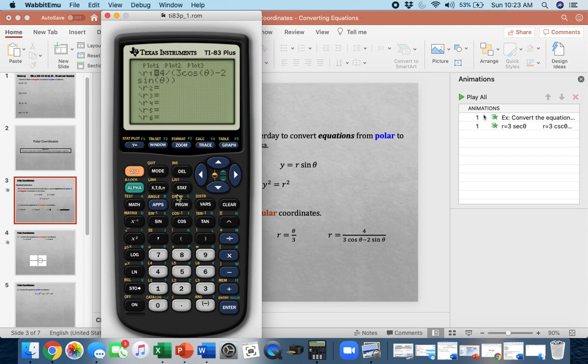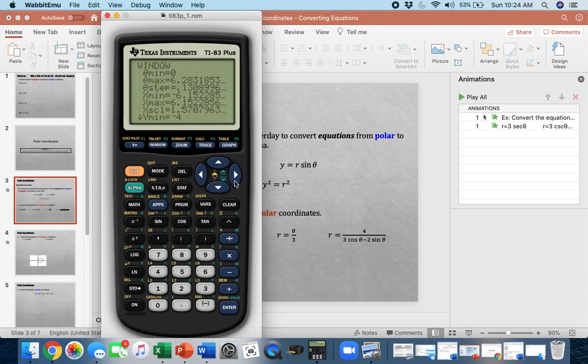r equals theta divided by 3. Ooh, it kind of looks like a seashell. You know, like one of those spinny seashells, I don't know what animal is in it, a conch? No, a mollusk?